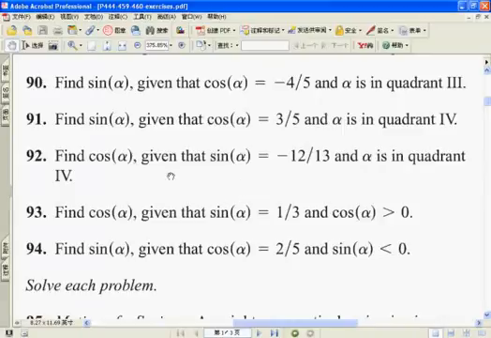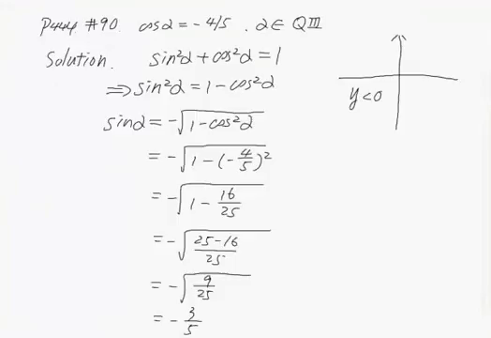Let's look at problem 92. Find cosine alpha, given that sine alpha is equal to negative 12 over 13 and alpha is in quadrant 4. So we know sine alpha is equal to negative 12 over 13, and alpha is in quadrant 4.